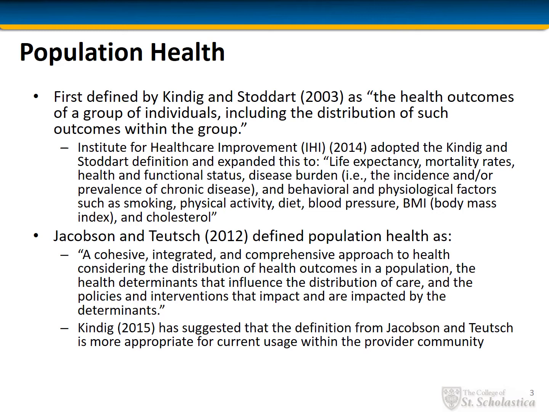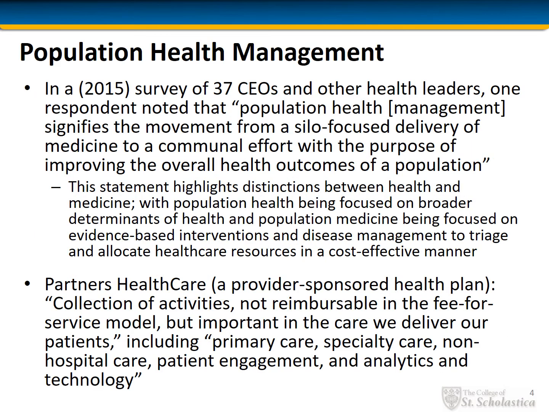But it does seem that Jacobson and Teutsch provide the broadest possible scope and especially encompass not only a way to describe the current state of health affairs, as in the Kindig and Stoddard or IHI definition, but also include accountability for addressing the health needs of a population.